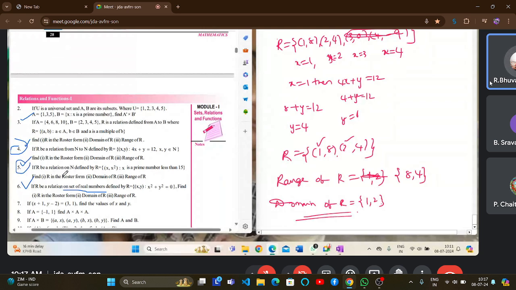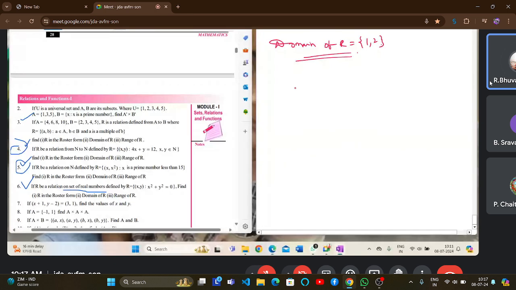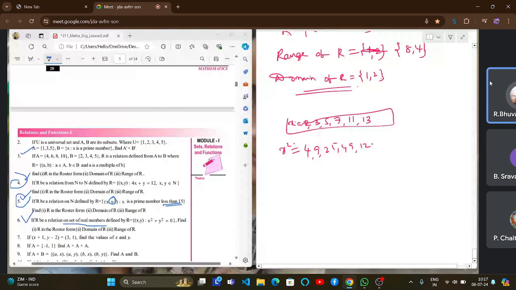If a relation is defined by (x, x square) and x is a prime number less than 15, first you want to take the prime numbers under 15: 2, 3, 5, 7, 11, 13. Okay, so these are the x values, and then you get the y values by squaring the x values: 4, 9, 25, 49, 121, 169.